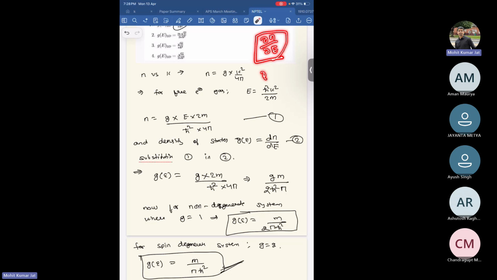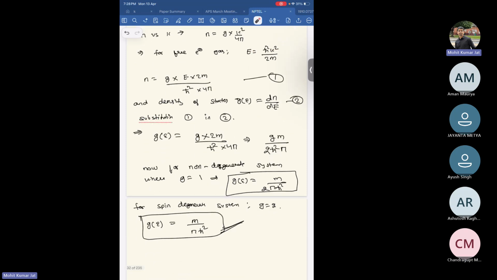And E is h bar squared k squared by 2m. We substitute everything here and get n in terms of E. So n in terms of E will be E times 2m by h bar squared into 4 pi. If you take the derivative, your density of states turns out to be independent of your energy, right?